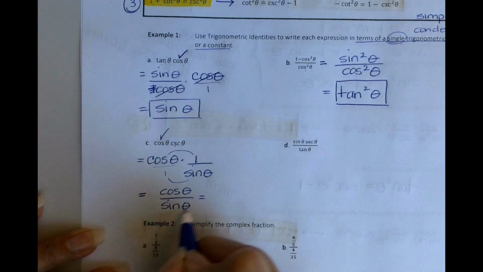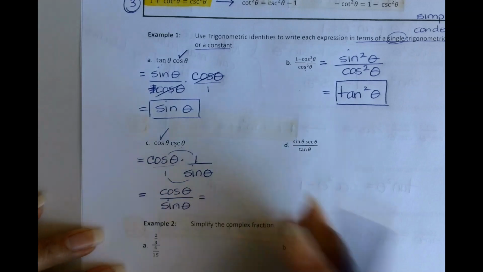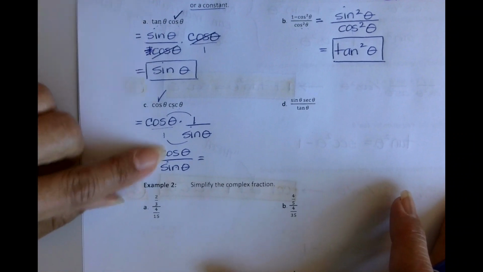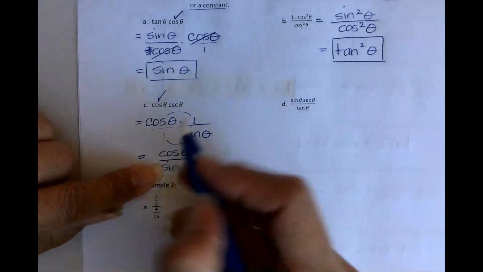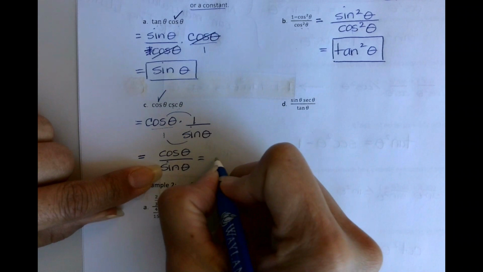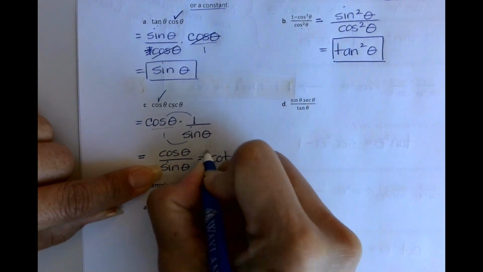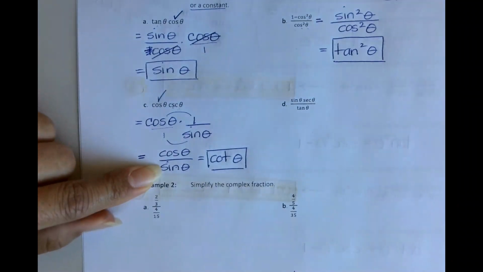And I know this, if I look upstairs, cosine over sine theta is going to be cotangent theta. And so I convert a 2 trig function term rational into 1 term. There's my cotangent theta.